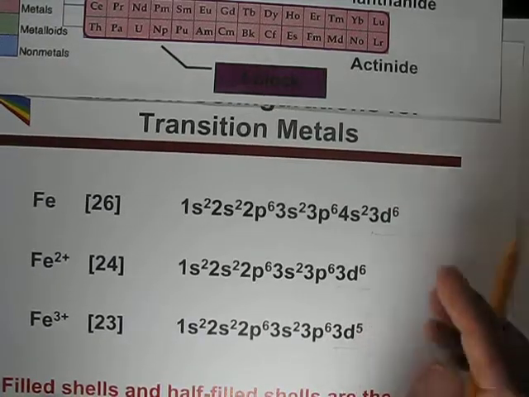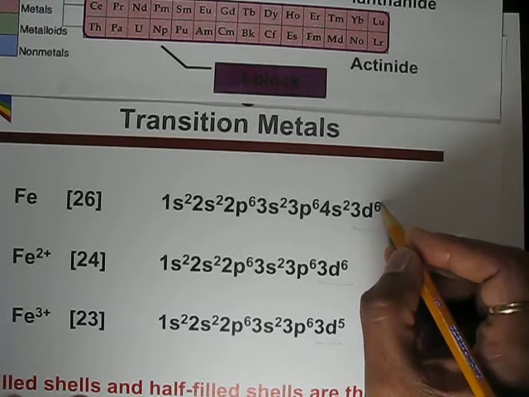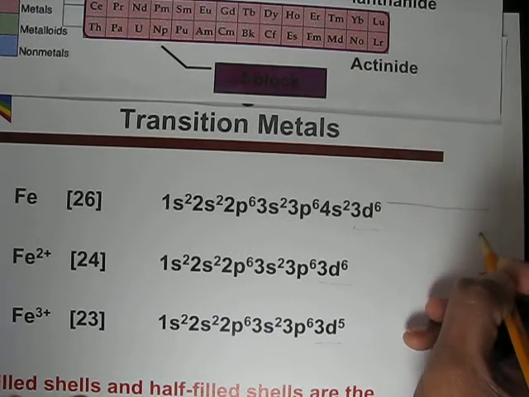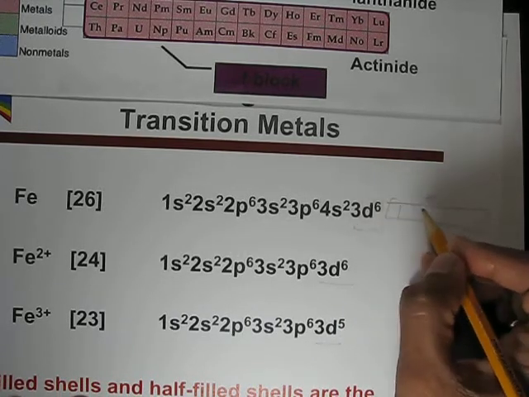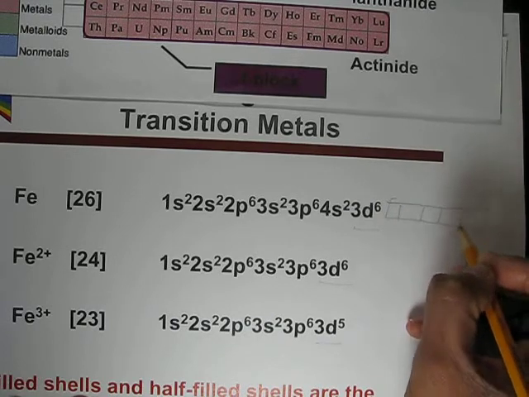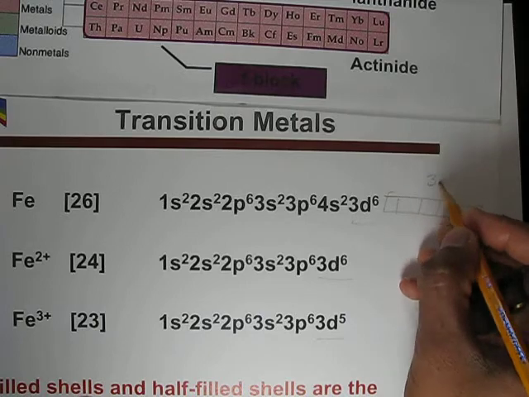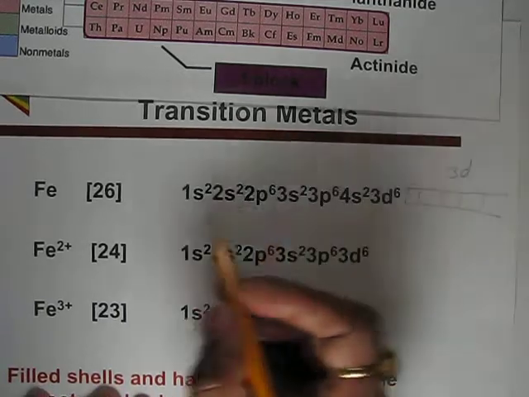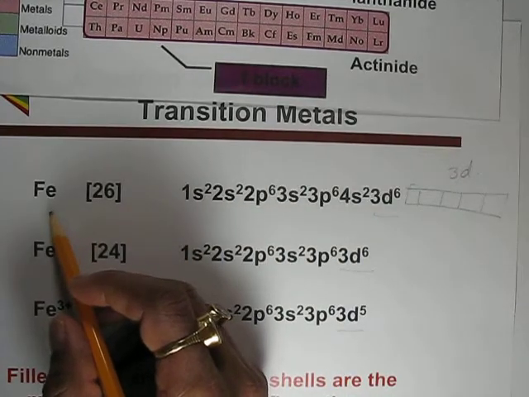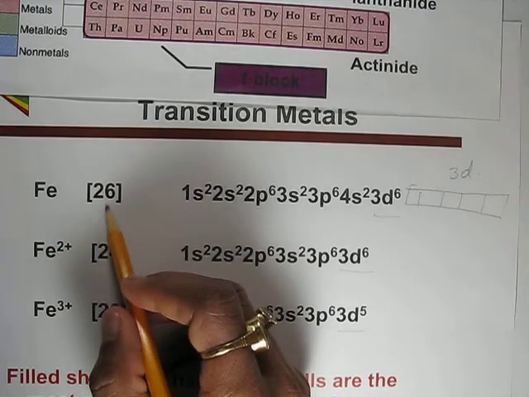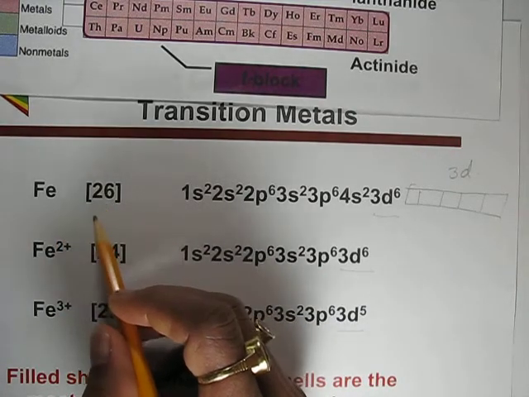What does it mean? You can see the D subshell has 5 orbitals, 1 2 3 4 5, and this is called 3D. So 3D means we are talking about iron. Iron has atomic number 26, and the electrons are 26.